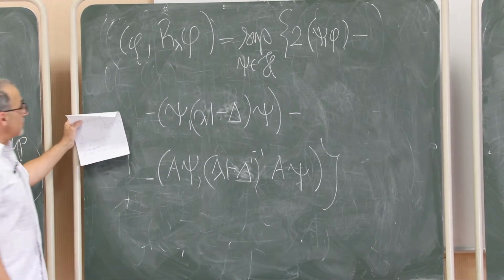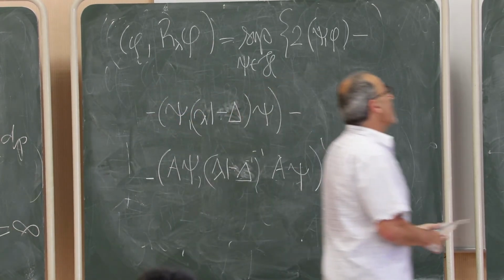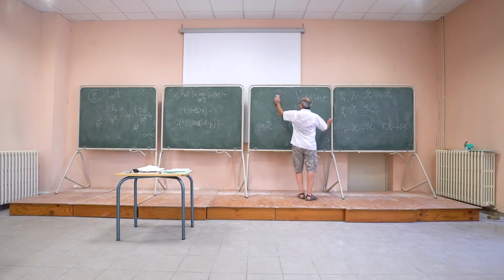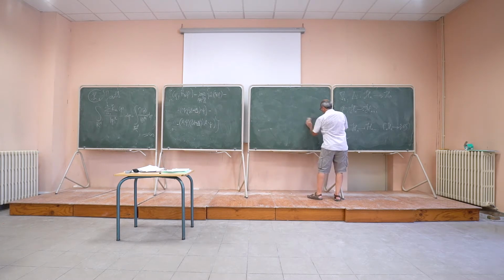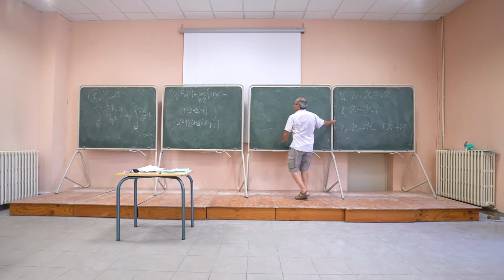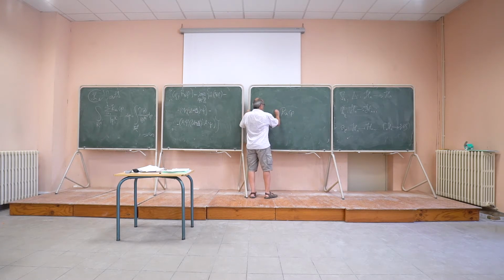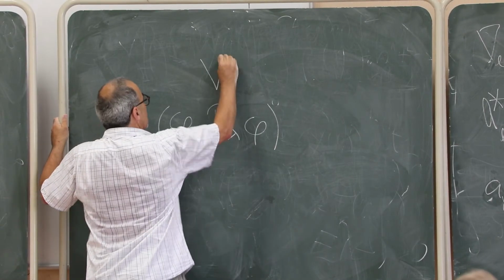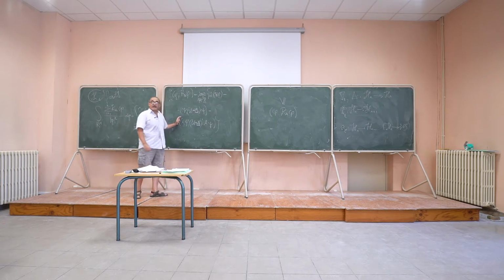And as I told you, this gives immediately the H minus 1 upper bound, and the way to find the lower bound. So this gives me an upper bound and a lower bound. So R_lambda of phi is less than or equal to, I got the upper bound just forgetting about this last term.